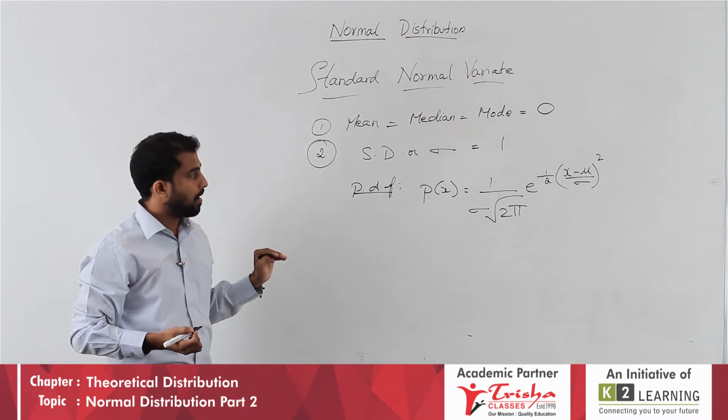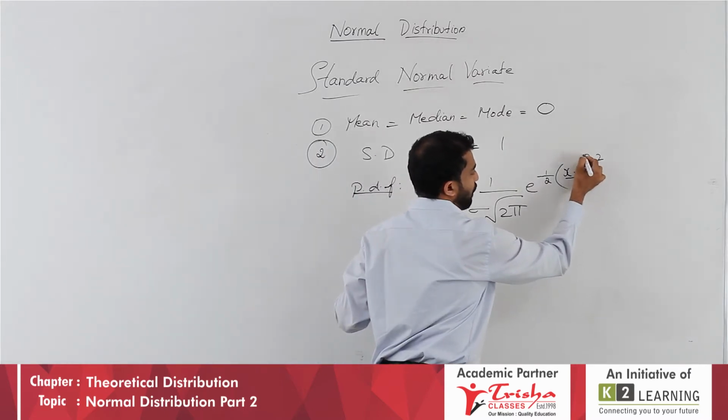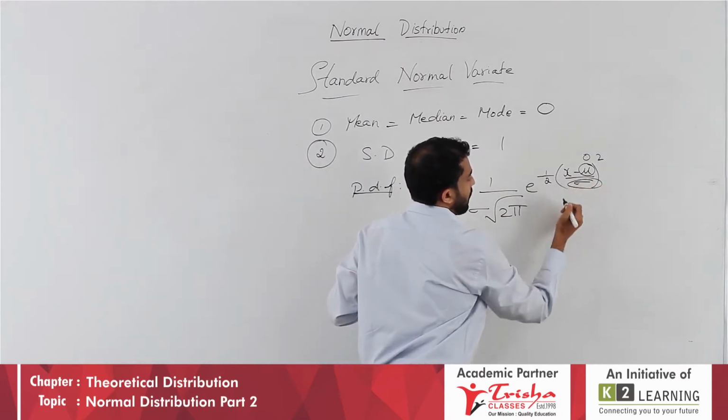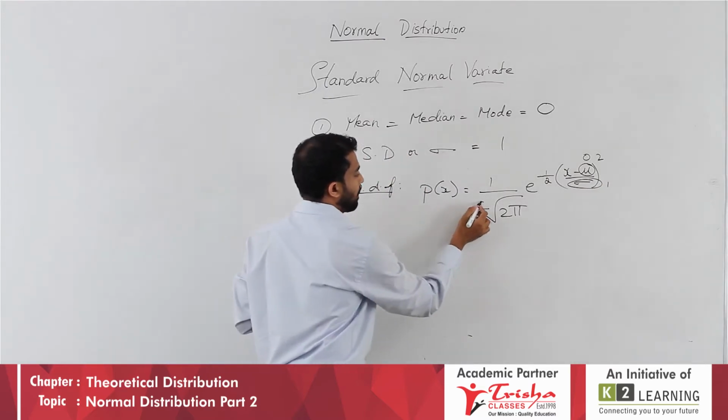But now, I already told you that mean is always 0 for a standard normal variate, as well sigma is always equal to 1 even here.